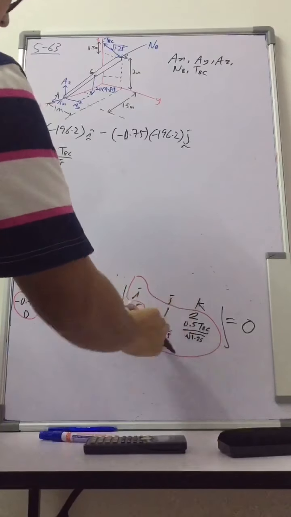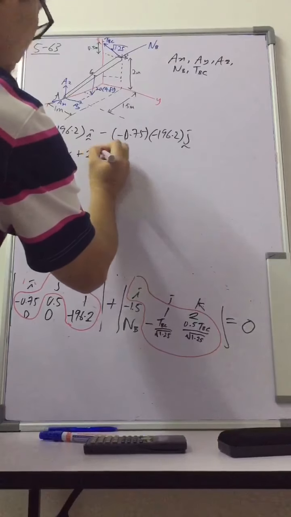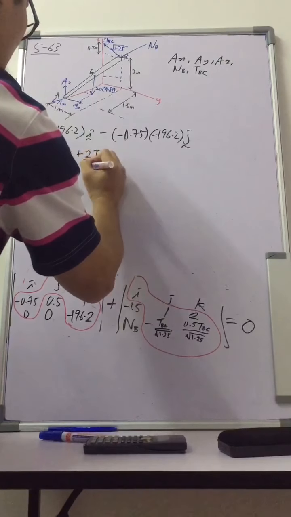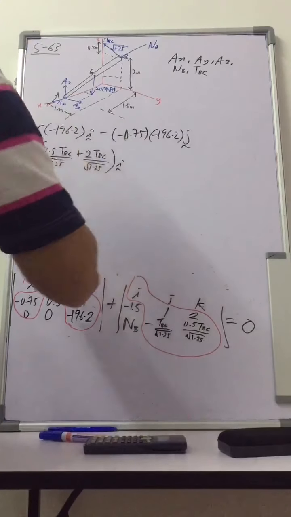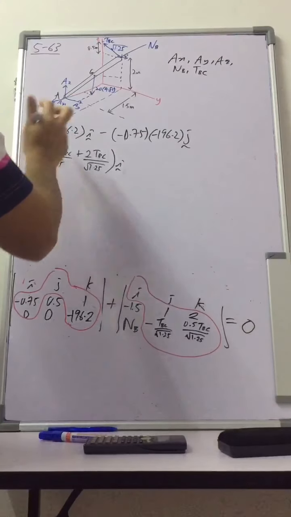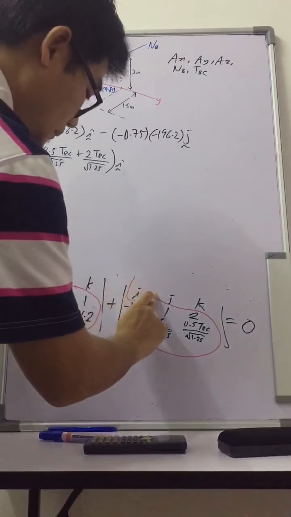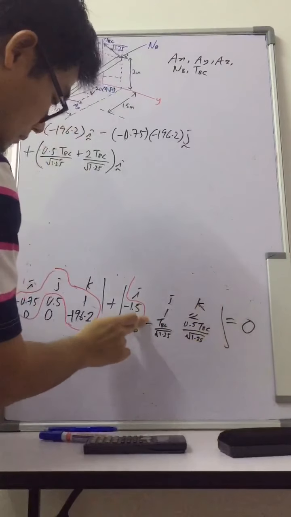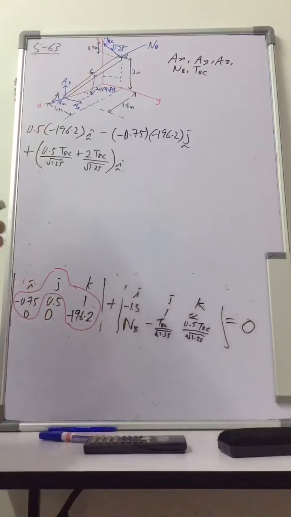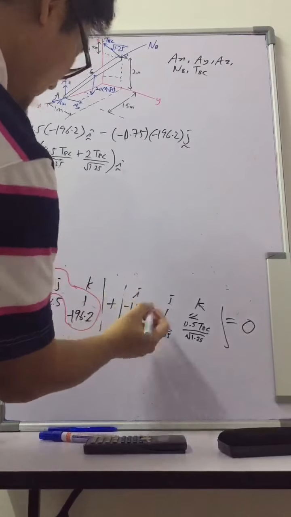This one times 1, but minus this times this, so it will be plus 2 TBC over root 1.25. This is the I, right? The j will be, was it 1.5 here, right?